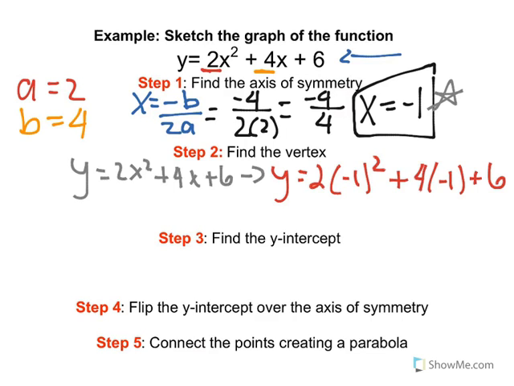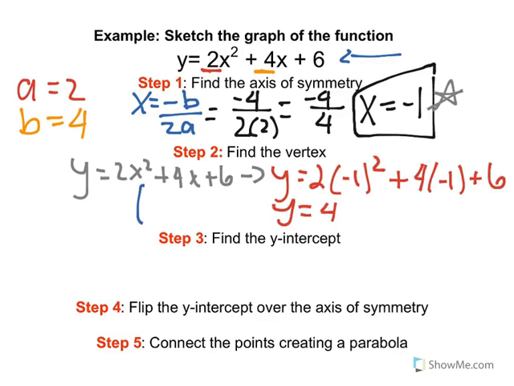At this point, you can evaluate by hand or you can use a calculator. Make sure you do it by hand to follow order of operations. And if you use a calculator, make sure you type this in exactly how it looks with the parentheses and the exponents. So we should get y equals 4 for our value.